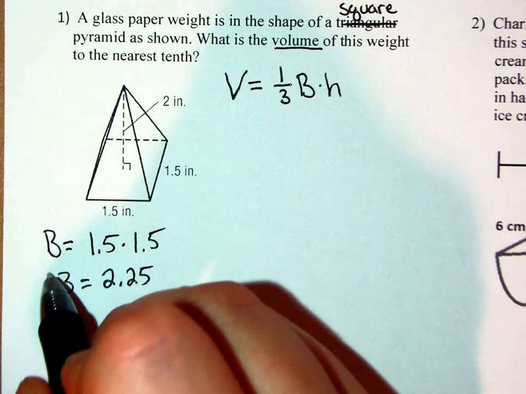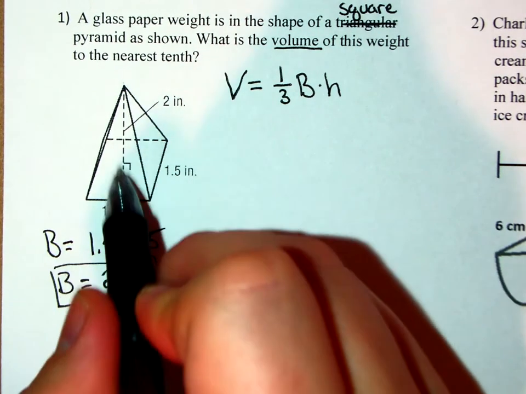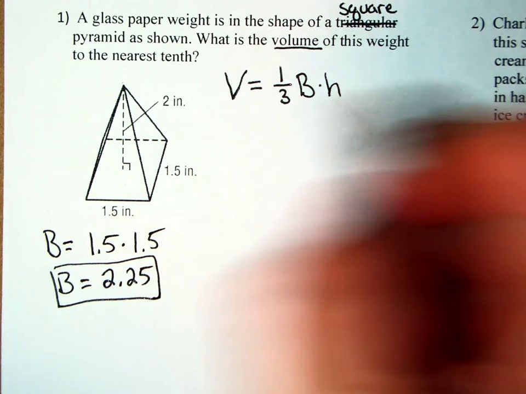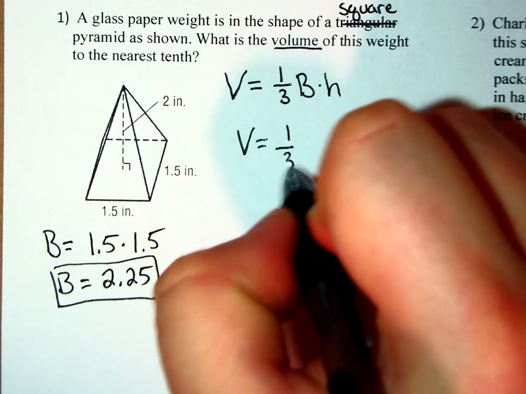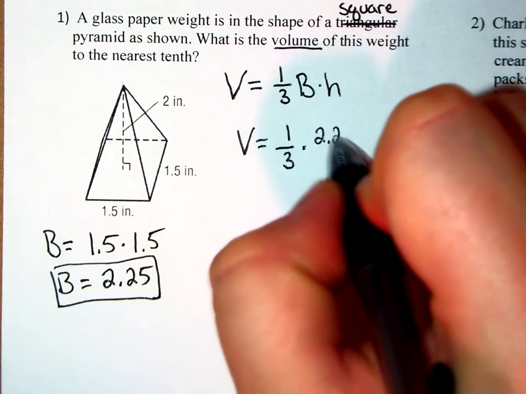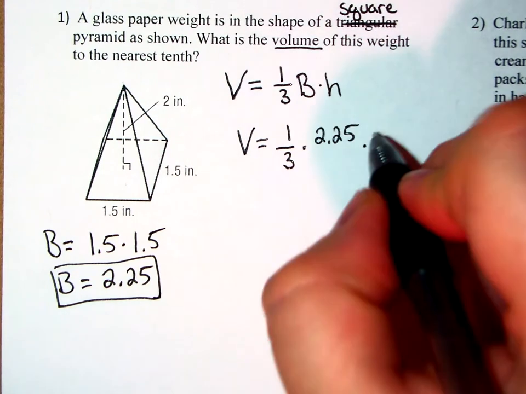Well, now that I know what B is, and I can look at my image to find the height of the pyramid, I can fill in all my variables and be able to solve. So V equals 1/3 times my base of 2.25 times my height, which is clearly identified there as 2.